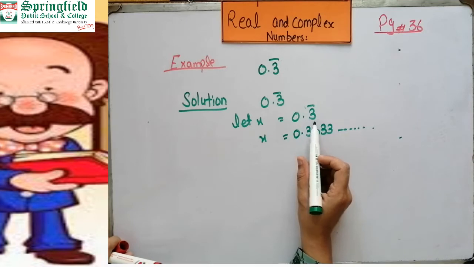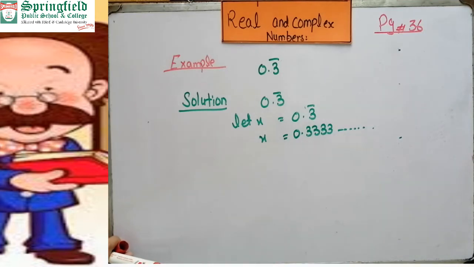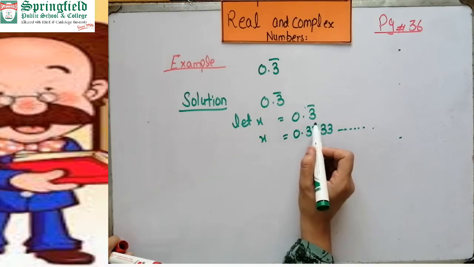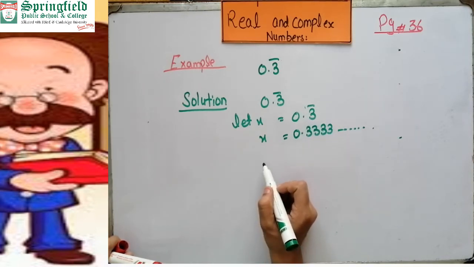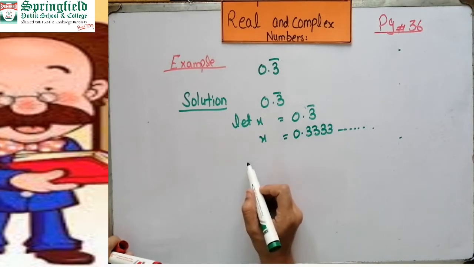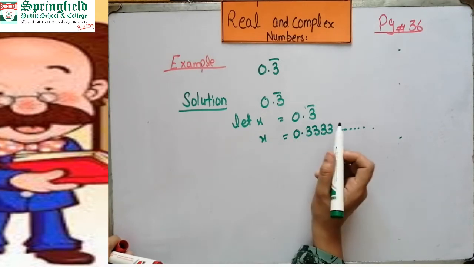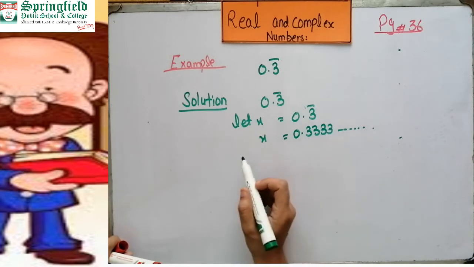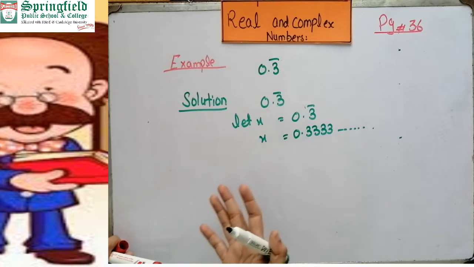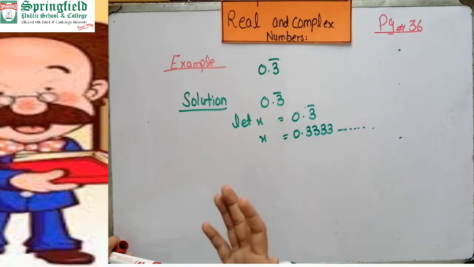So we have just one digit repeating, so we will multiply with 10. When one digit repeats, we will multiply with 10. When two digits repeat, we will multiply with 100. And when three digits repeat, we will multiply with 1000. Three digits means three 0s, it will become 1000. One digit means one 0, it will become 10.